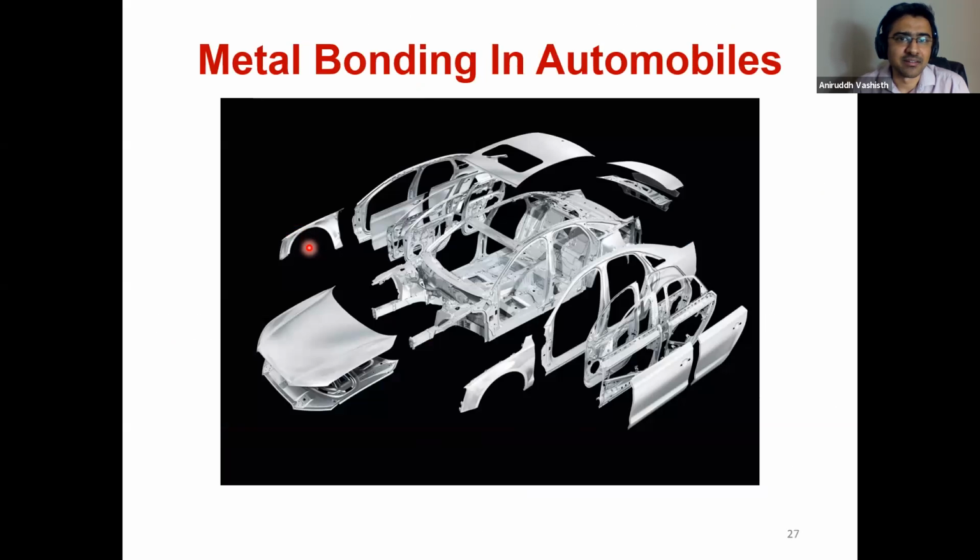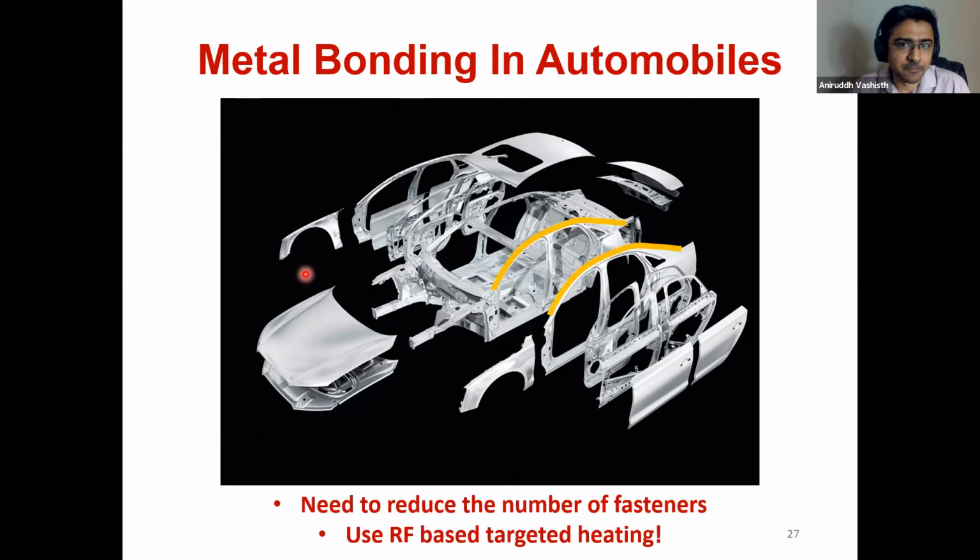So next, let's look at metal bonding in automobiles. Again, a good part of our cars are actually made up of metals, different types of metals. There's aluminum, there's steel, and there are different bond lines or sections where 2 components are maybe riveted, or there are fasteners that are used to hold them together.